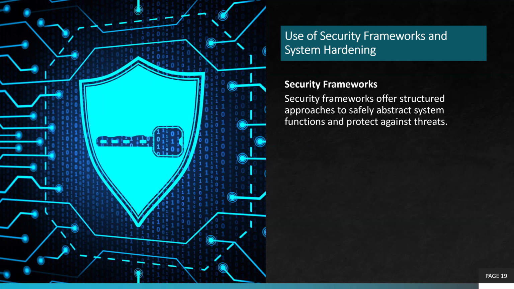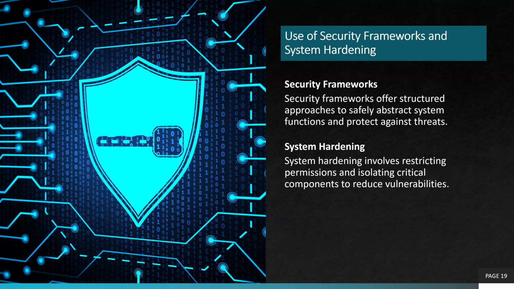Security frameworks. Security frameworks offer structures and approaches to safely abstract system functions and protect against threats. There are different security frameworks like NIST, National Institute of Standards and Technology, or FISMA. You have to use their standards and make sure your systems are meeting those requirements. System hardening.